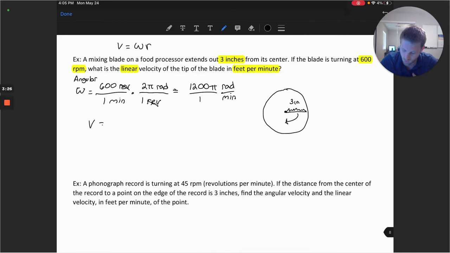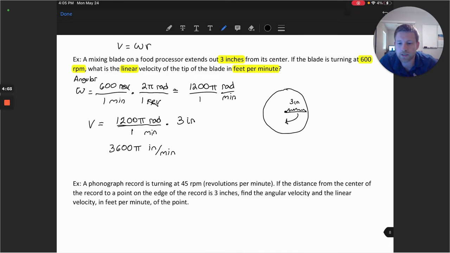V is going to be omega, 1200 pi radians per 1 minute, and for right now, we'll just multiply by our radius, which is 3 inches. And so we can write our linear speed as 3 times 1200, which is 3600 pi inches per minute.